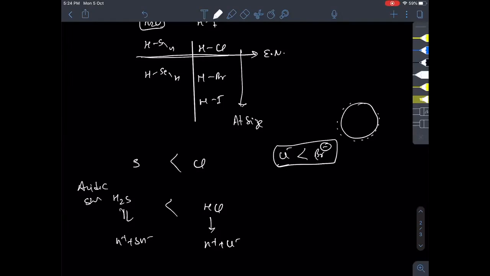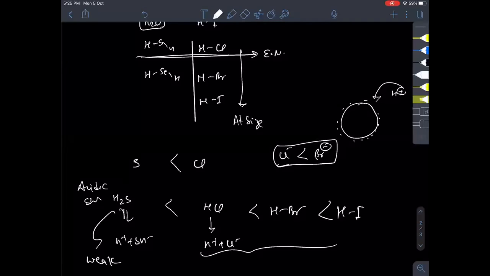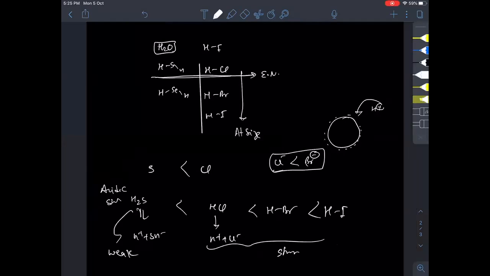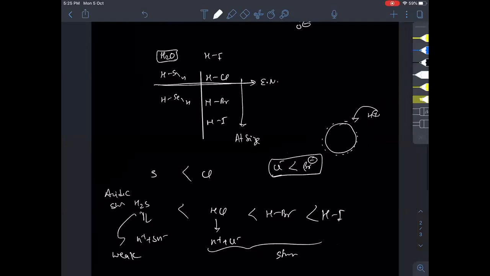So it does not have that affinity for H plus coming back. So that is why HBr is even stronger. So this was supposed to be weak, and they are all stronger. Even HI is the strongest among them. So that's how we compare the acidic strength of hydra acids and oxy acids.